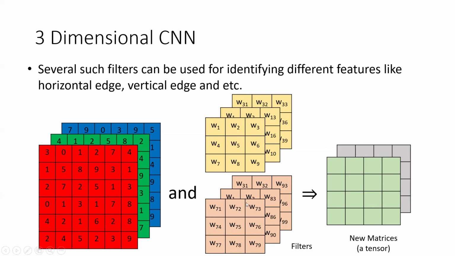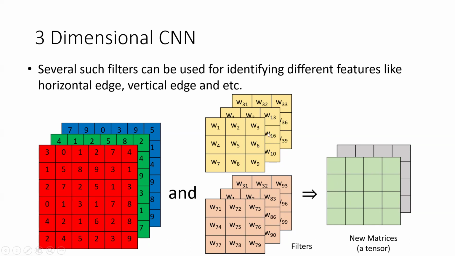So when we apply the convolution filter with this image, we get this green color new matrix, and then when we apply this filter with these image matrices, we get this gray color output matrix.